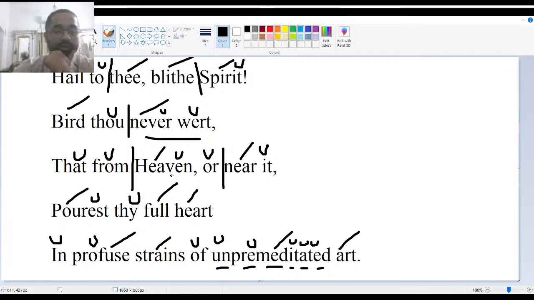All of these syllables come together, that from heaven or near it, pourest thy comes together, or maybe not, pourest thy full heart.